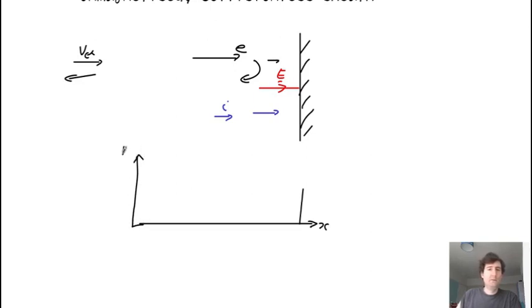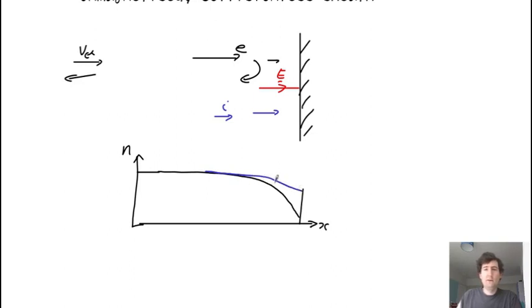I can now draw the different densities, with density n. In the main bulk plasma, the electrons and ions have the same density, but when they reach the wall, the electrons leave faster than the ions, so the electron density looks something like this. Over here the electron and ion densities are very similar, but the ion density drops less quickly.